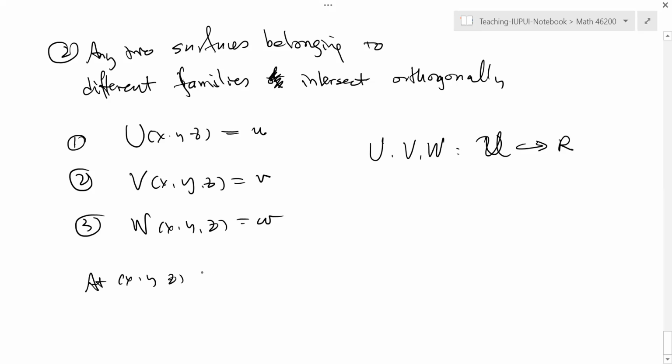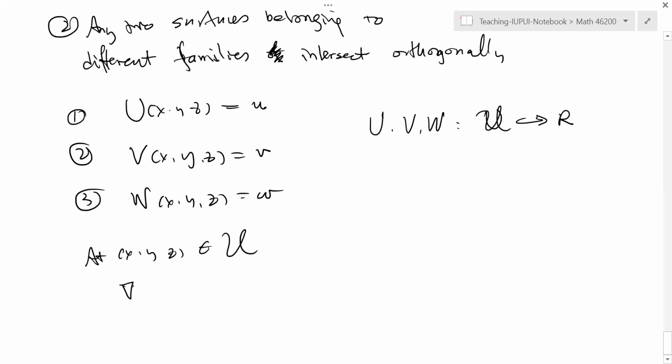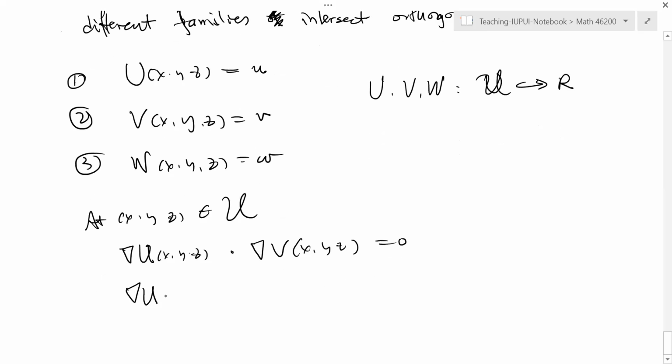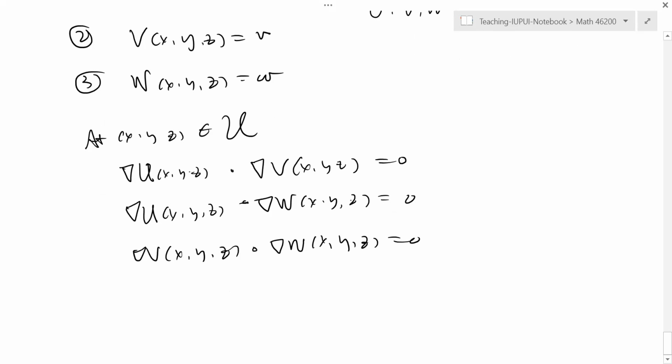So what does that condition mean? Perpendicular means the gradient of U at that particular point is perpendicular, so that should be 0, right? Also there's another normal vector, and it's 0. Then one more: these 2 surfaces also should be perpendicular. So there are 3 conditions here.